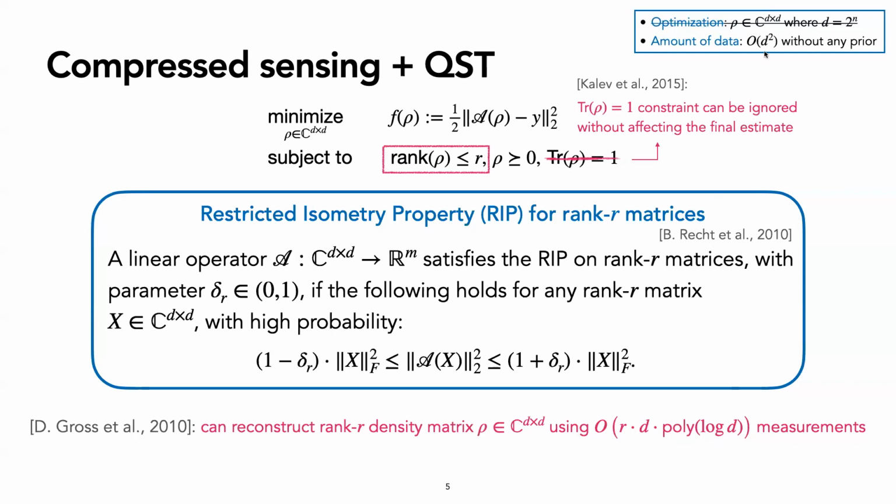Recall that without any prior information, you need d squared measurements. So if r is much smaller than d, you can reduce a lot of measurements needed to reconstruct this density matrix rho. And Liu showed that a particular sensing matrix that's actually used in quantum computing does satisfy this RIP. So it makes sense to utilize compressed sensing, and that's how we deal with the amount of data.